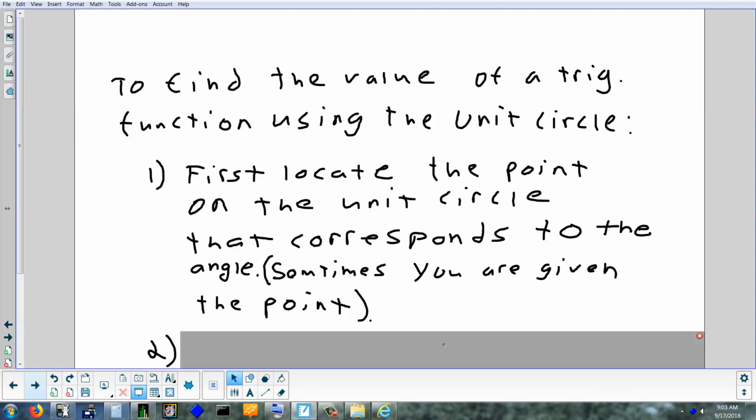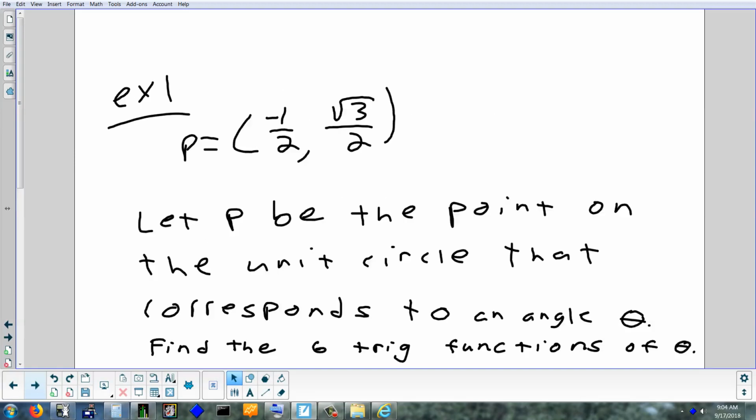Sometimes they'll give you the coordinate in the problem. And don't be freaked out if they give you a coordinate that's not a 1 comma 0 or 0 comma 1. You might get a coordinate that looks like this. Negative 1/2 comma square root 3 over 2. We don't have to know how to get that coordinate right now.